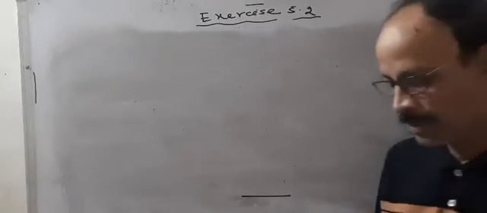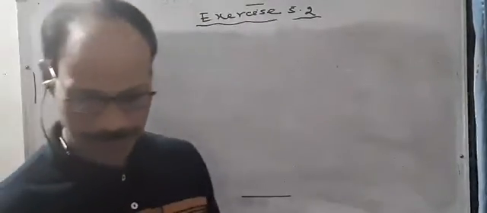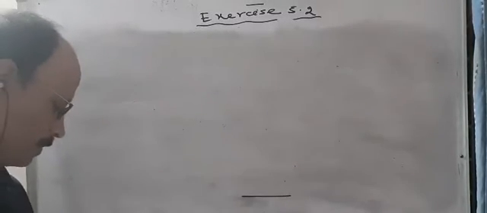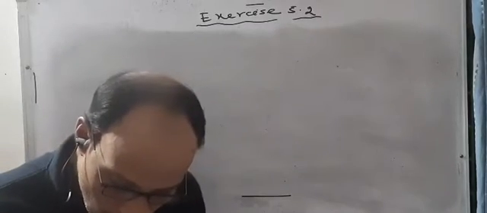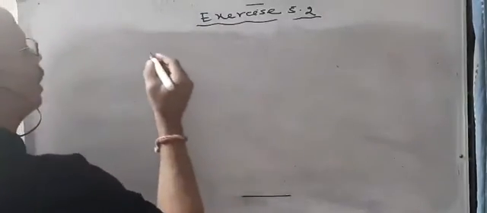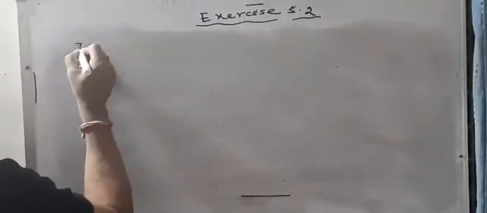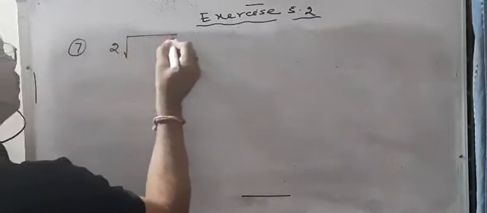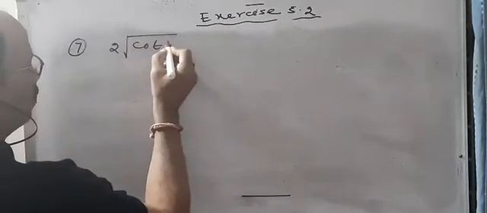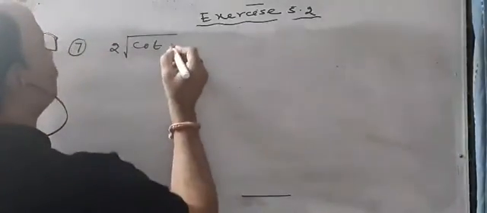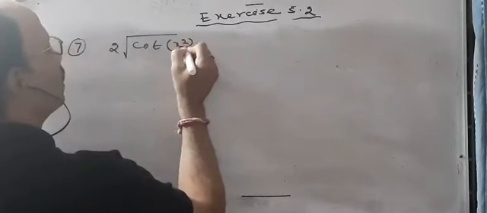Let's proceed for the next question, that is question number 7. In question number 7, it is given 2 under root cot x square.